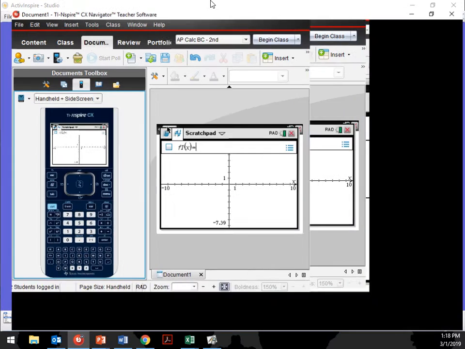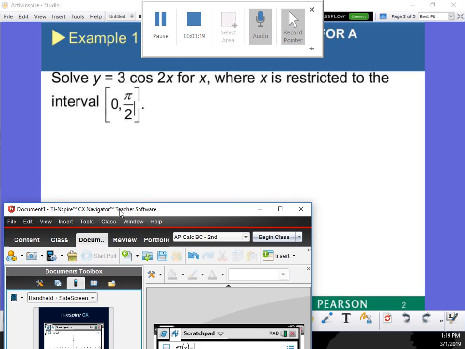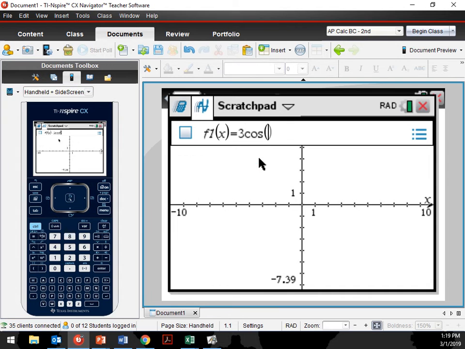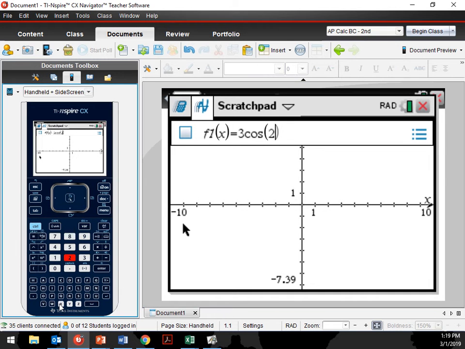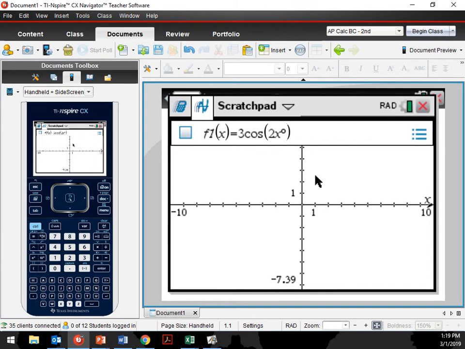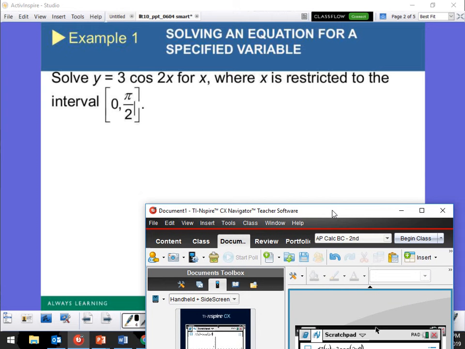3 cosine 2x. Is it cosine? Yes, 3 cosine 2x. Do I have to add the degree? For the window, do you need it?